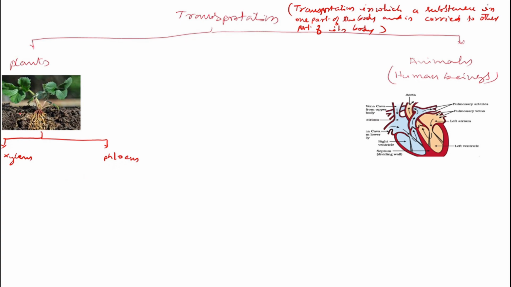Just see this part: whatever portion remains in the soil is called xylem tissue. The upper portion, which is preparing food for its body, is called phloem tissue.